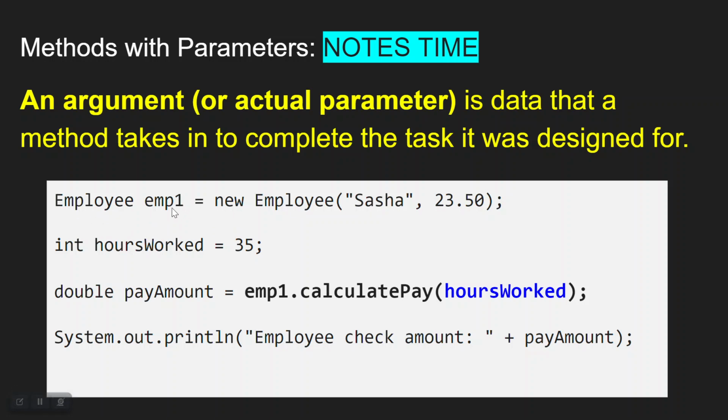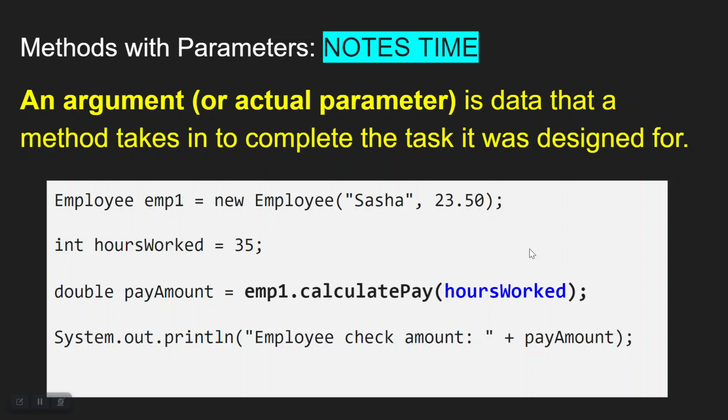And so here we have Employee emp1 equals new Employee. So we're instantiating an object of the Employee class. And the employee's name is Sasha, and it looks like Sasha is paid $23.50 an hour. And then down here, int hoursWorked equals 35. And now double payAmount equals, and now we're using the emp1 object to call the method calculatePay.